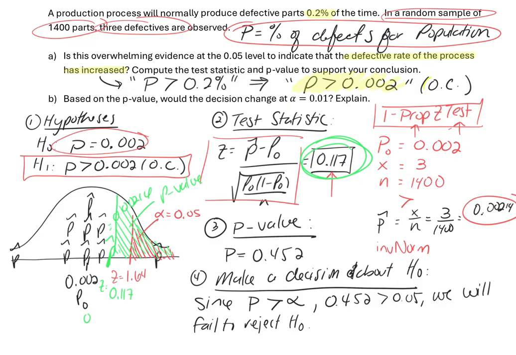So then now I'm ready to write my conclusion. I'm also running out of space, so I'm going to squeeze it on the left here, right? So what does it mean to fail to reject the null hypothesis?